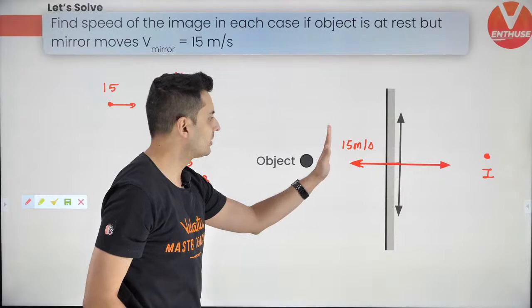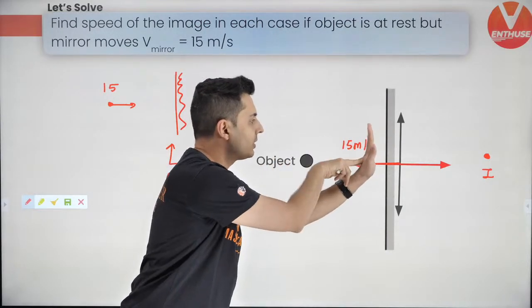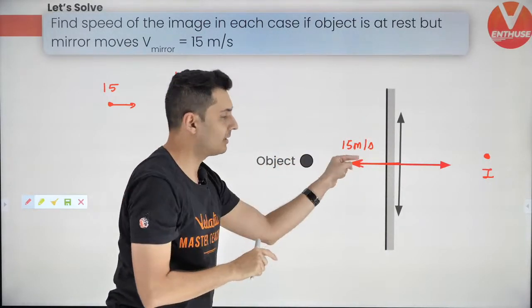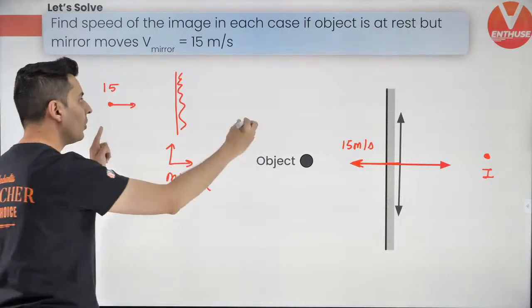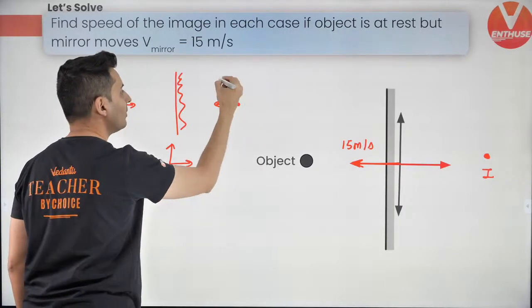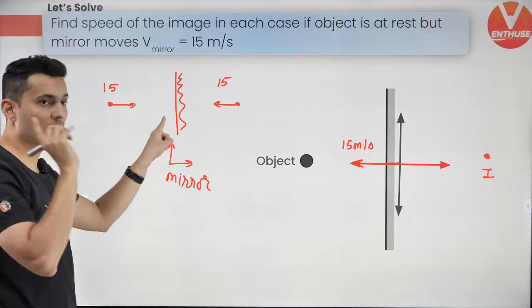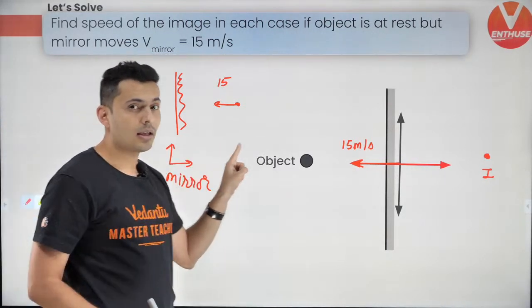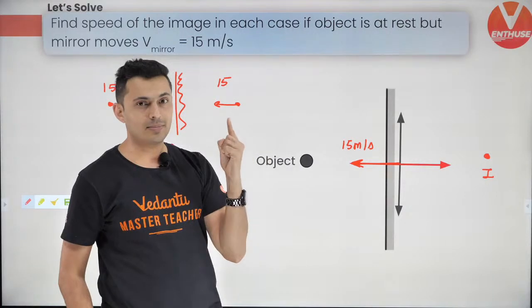Because mirror going close is same as when you sit on the mirror, object going towards it with a speed of 15. So, shouldn't the image also move with a speed of 15 with respect to the mirror?